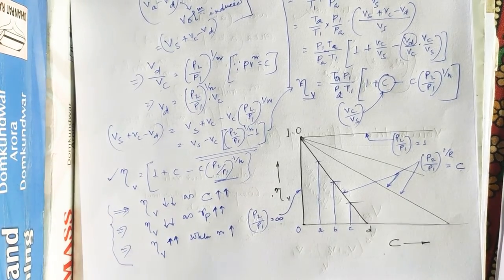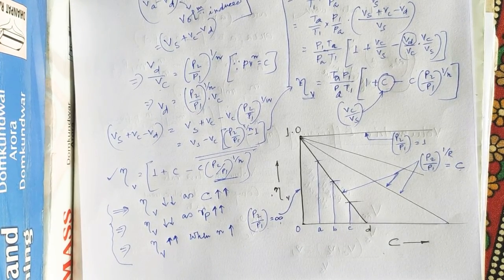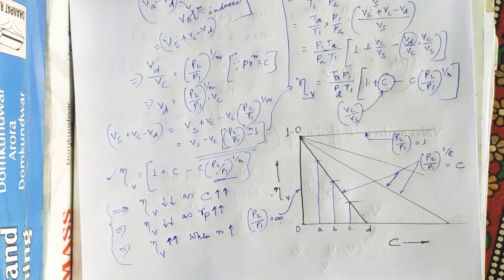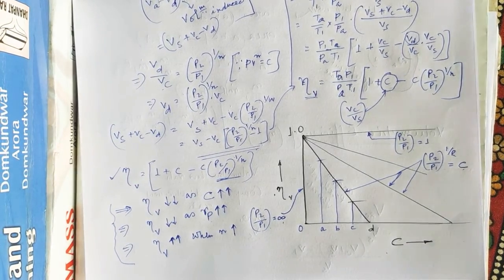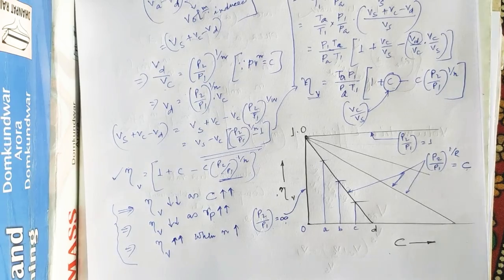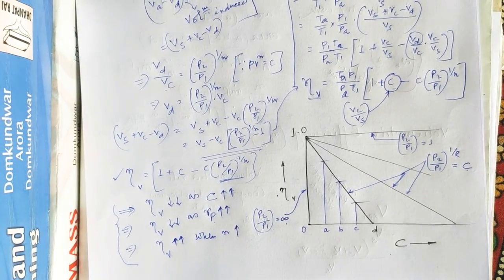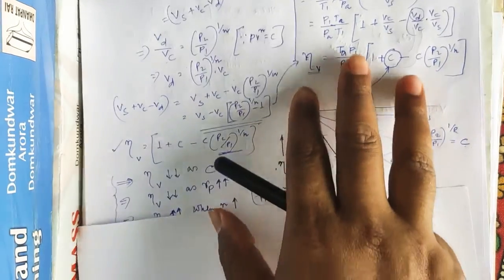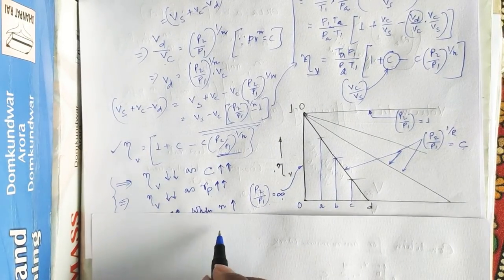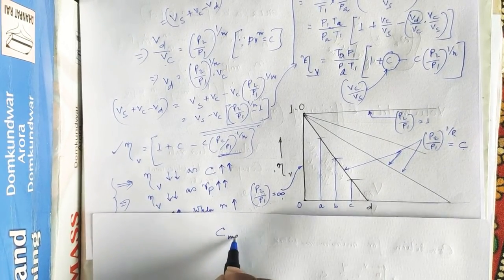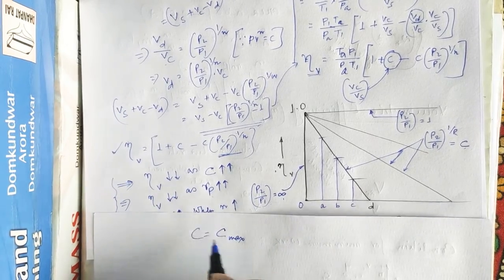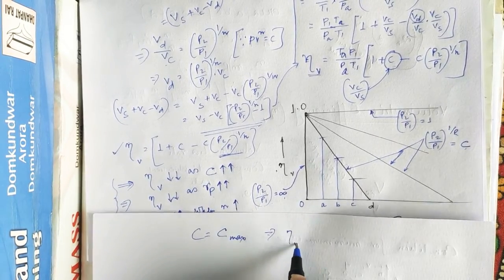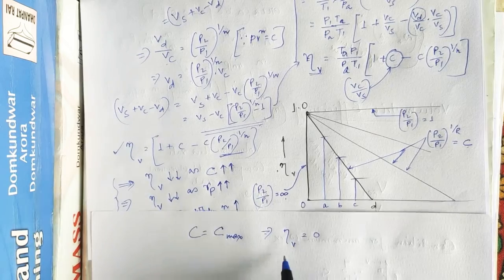And in this context, we can say another thing: there is a maximum value of the clearance factor. When C is equal to C max, then eta V will be equal to 0.